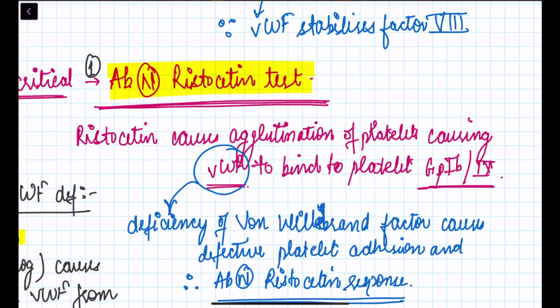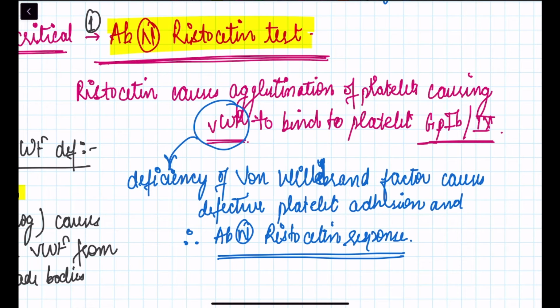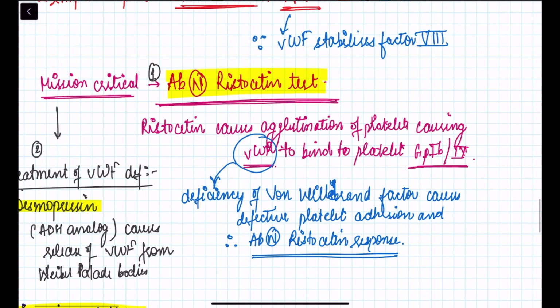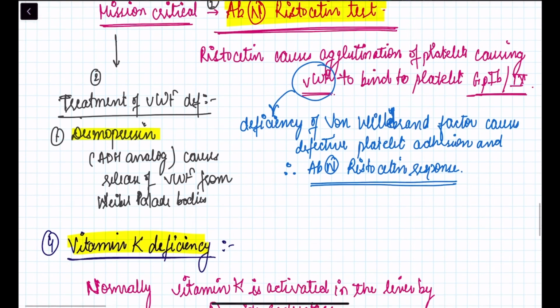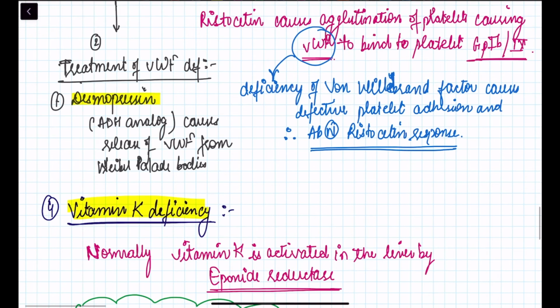Now we don't have von Willebrand factor, so there will be no platelet adhesion, and this will be called an abnormal ristocetin response, which is seen in von Willebrand's disease. So that is the abnormal ristocetin test. There will be no platelet adhesion, and platelet agglutination will not take place. Right.